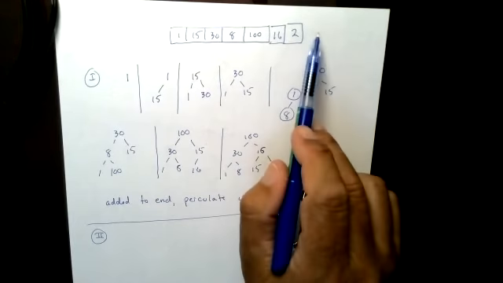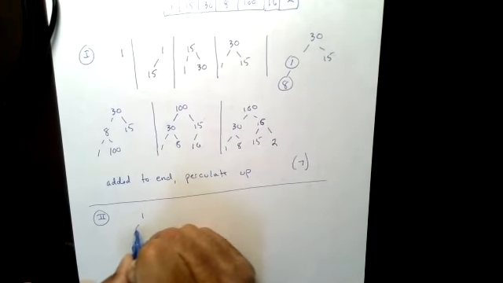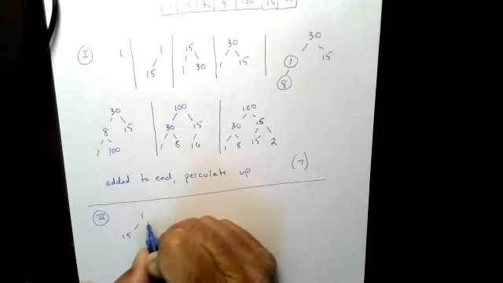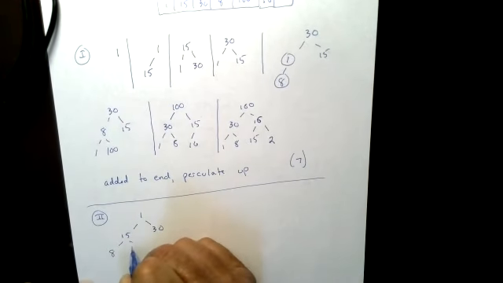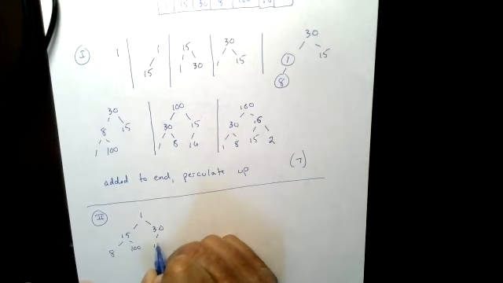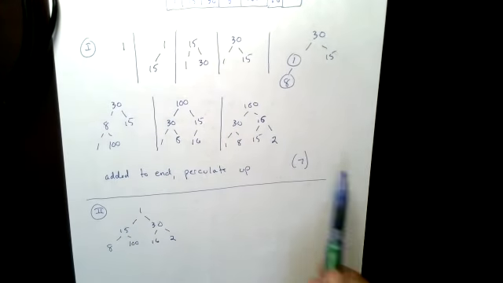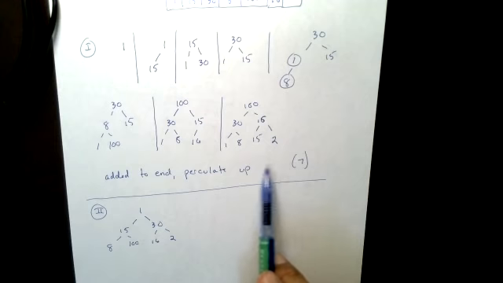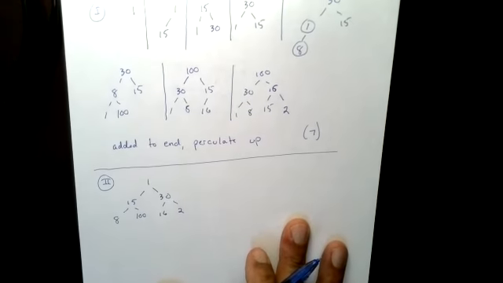I'm going to take this the way it is to start. 1, 15, 30, 8, 100, 16, and 2. Now up here I did percolate up 7 times. Not the best. This time I'm going to percolate down.